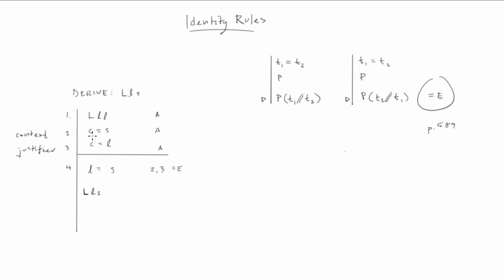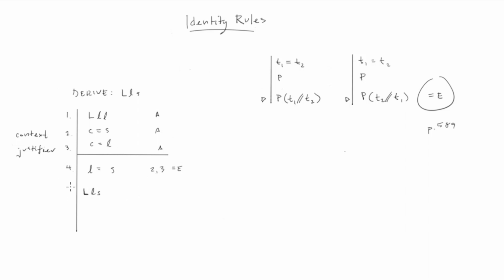That's because C is taken out of line 2 and L is substituted for it. And we're justified in substituting L's for C's by line 3. And there's no way to get L is identical with S by treating line 2 as the justifier and line 3 as the context. Why don't you make sure that you understand why that's so?